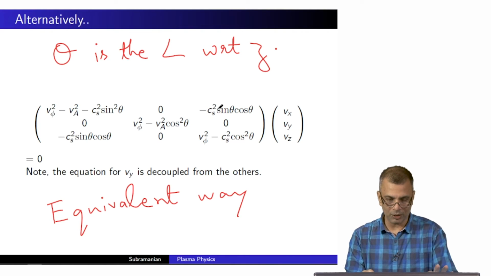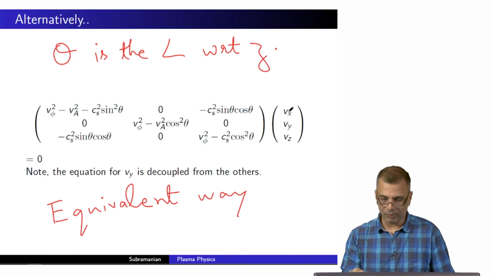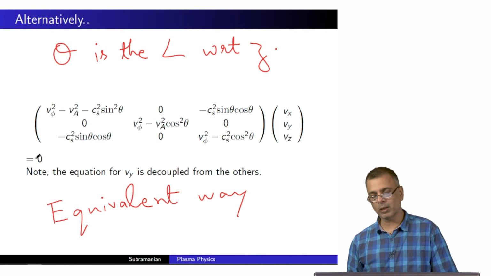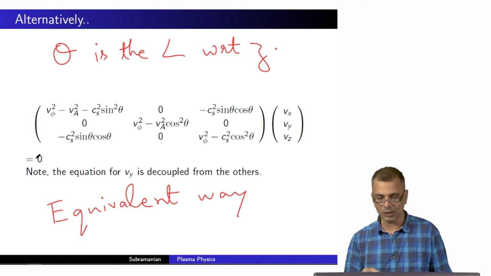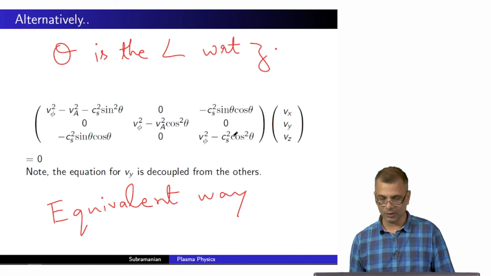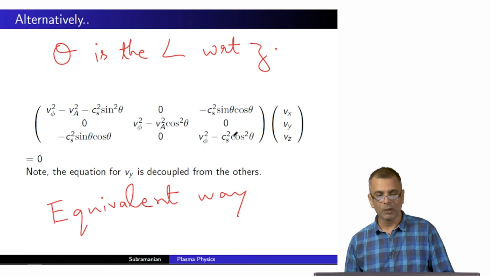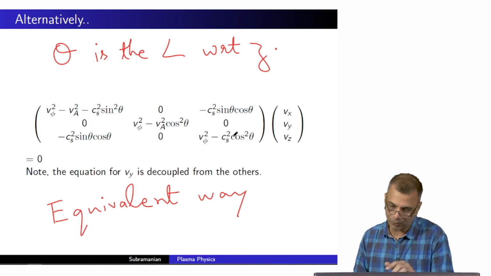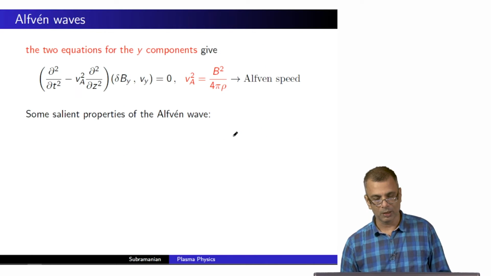You have this matrix multiplying the velocity vector, and that's equal to 0. In order for a non-trivial solution to exist, the determinant of this matrix needs to be 0. It's an equivalent way of representing it. I just wanted to show it to you, but we will not concern ourselves with this way of representing it anymore.